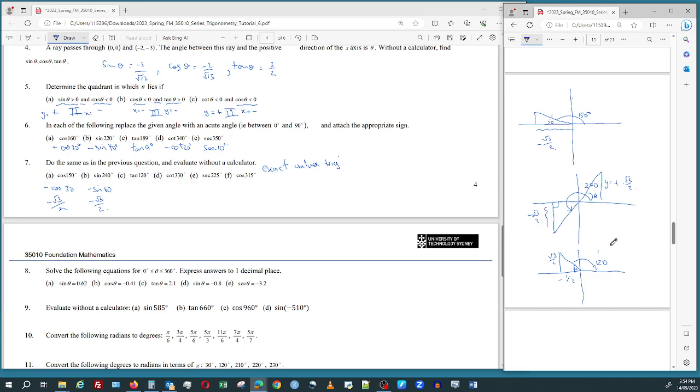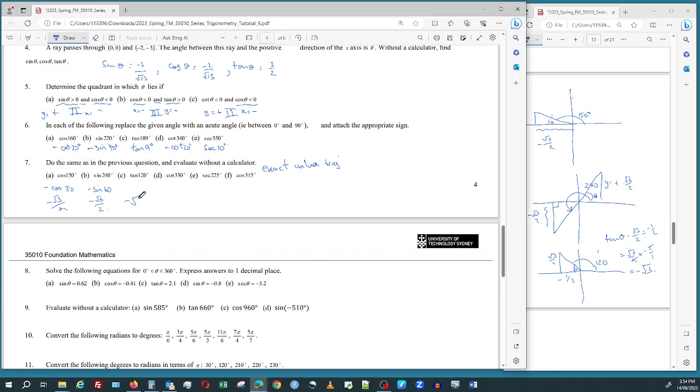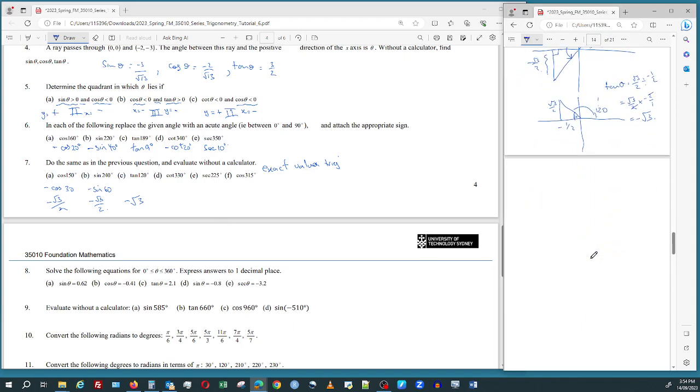So we get root 3 on 2 divided by minus a half, which is root 3 on 2 times negative 2 on 1. They'll cancel, and so we're just left with negative root 3. Exact values trig. Okay, that's all it is. Just look at it through that lens.